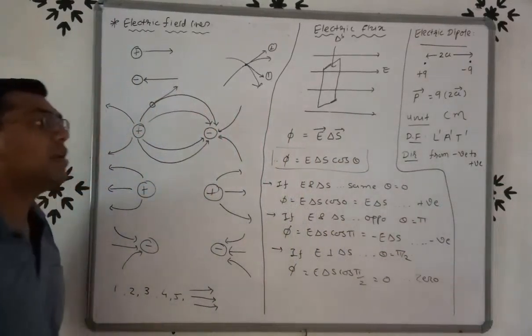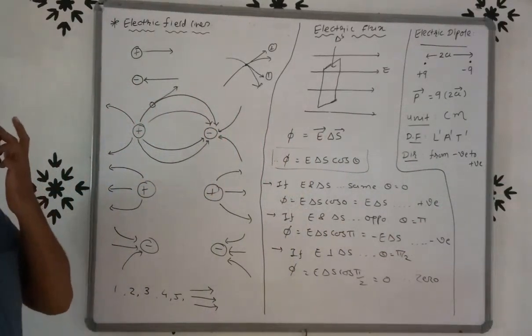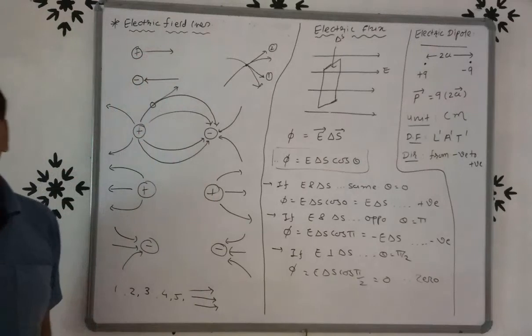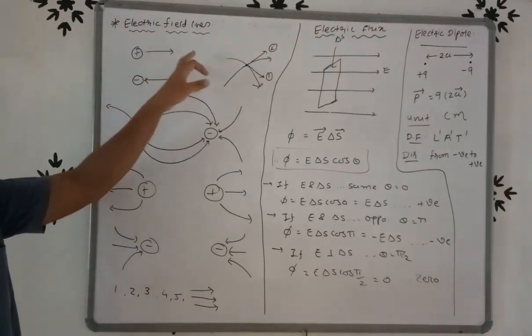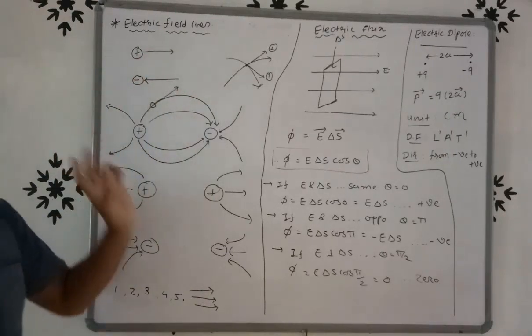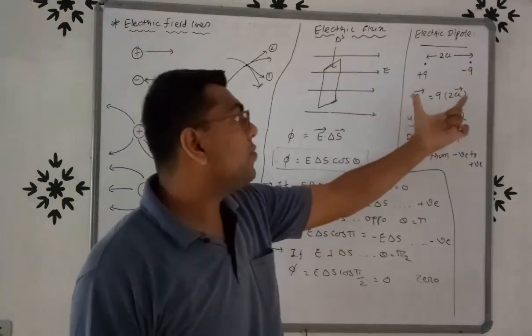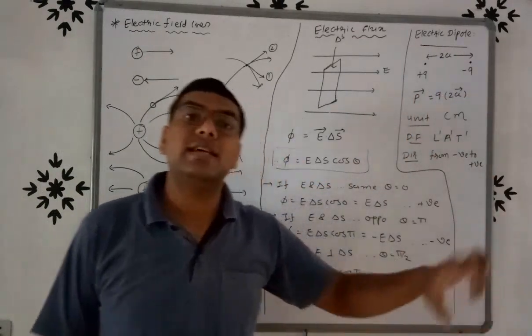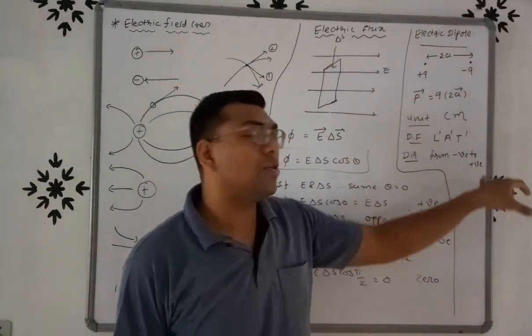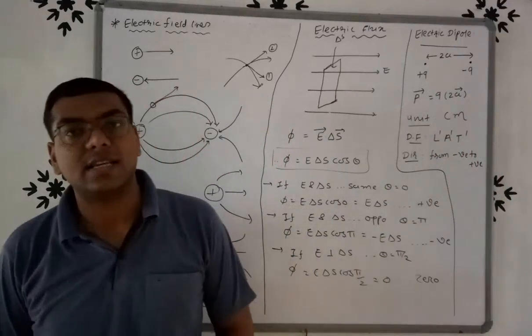Remember, for electric field lines, for positive charge outward, negative charge inward, and the direction of electric dipole moment is from negative charge to positive charge, right?